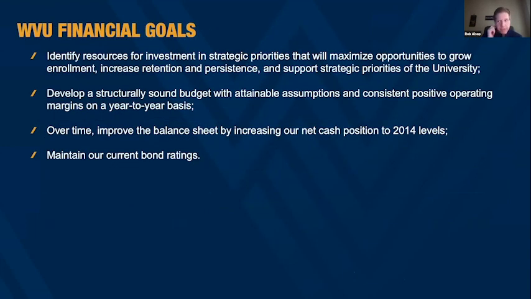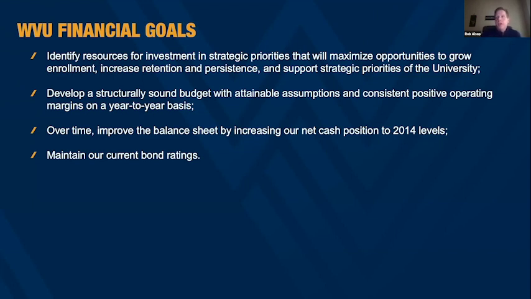So all of that, when we came out of last year's meeting, we talked about how we wanted to, as Marianne indicated, through transformation or part of it, identify resources that will allow for investment in strategic priorities that will maximize our opportunities. Also comes with that looking to make sure that everything we do at the institution actually has a focus on driving enrollment and programs that students want to participate in.